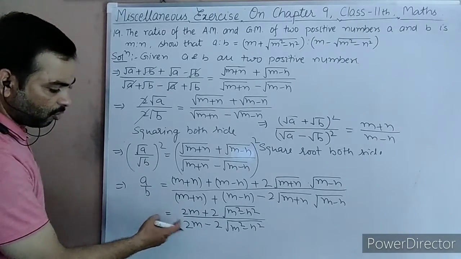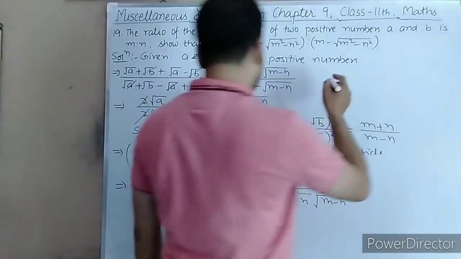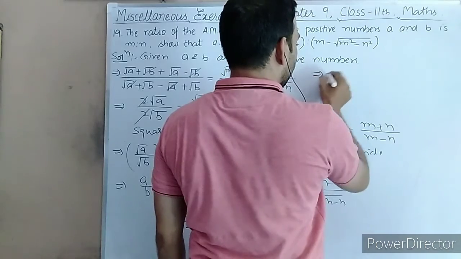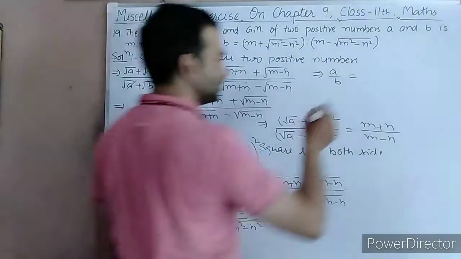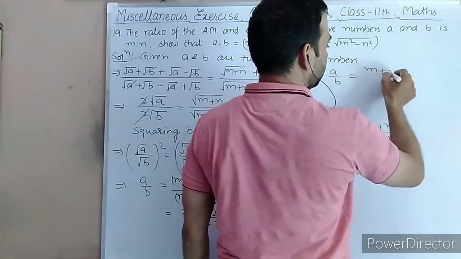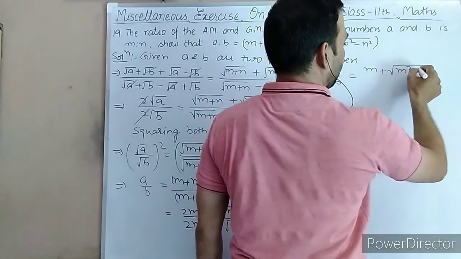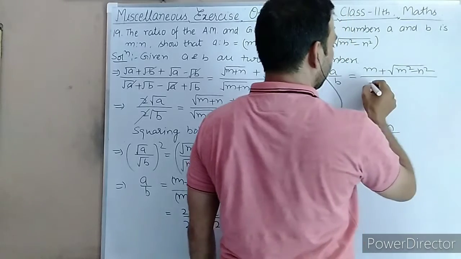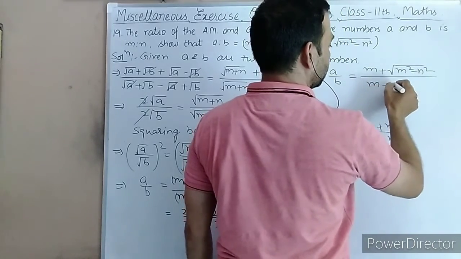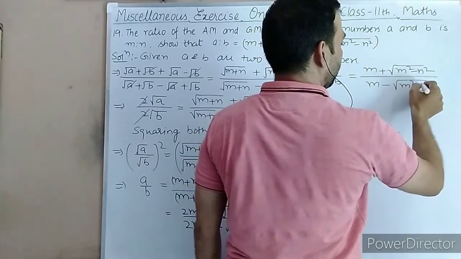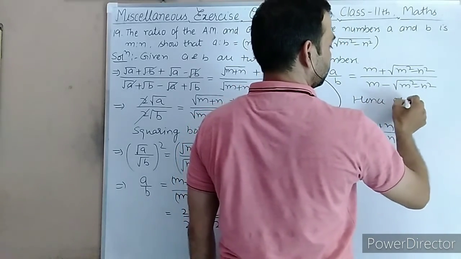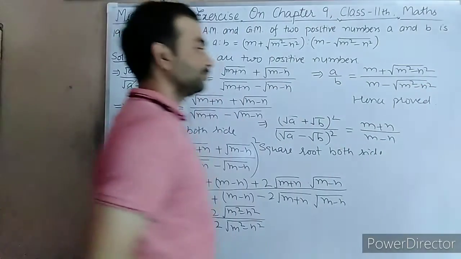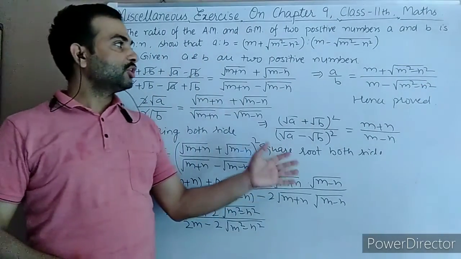Now we can take 2 common from numerator and denominator and cancel out, so we get a by b is equal to (m plus square root of m square minus n square) divided by (m minus square root of m square minus n square). Hence proved. This is the solution of this question.